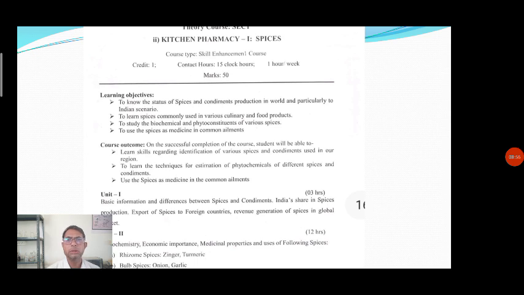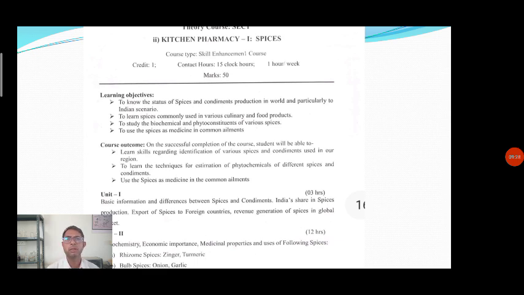Now what is the course outcome? What outcomes will we get after doing this particular study? One, on the successful completion of the course, the student will be able to understand and learn skills regarding identification of various spices and condiments used in our region, particularly in a kitchen. To learn the techniques for estimation of phytochemicals of different spices and condiments.